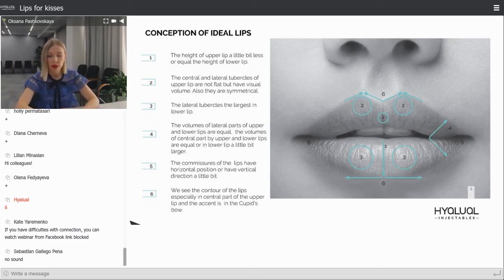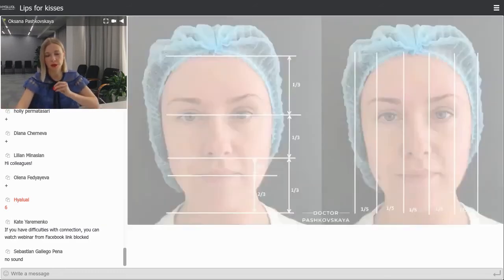The commissures of the lips have horizontal positions or a slight vertical direction, but not like a Joker's smile, only a light direction. And we see the contour of the lips, especially in the central part, where the Cupid's bow is a real accent. That's it about the concept of ideal lips. But of course, everything is individual, so we should look definitely at the face and the lips.